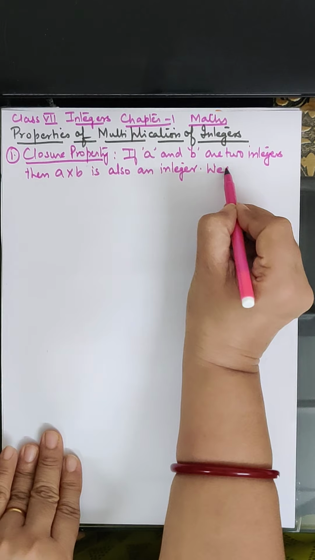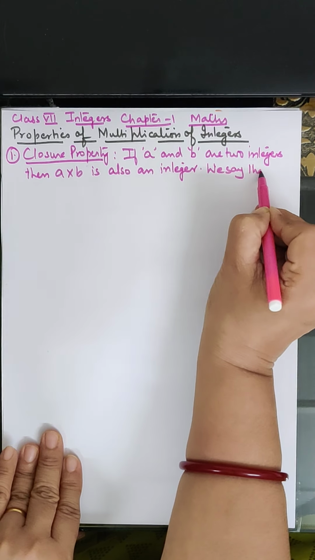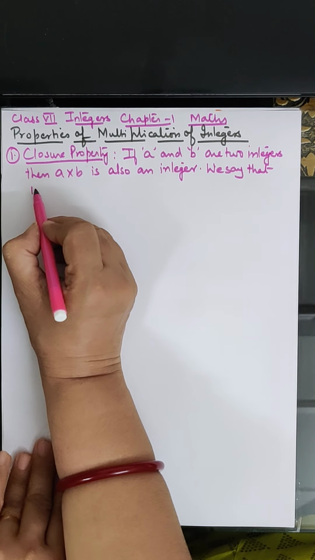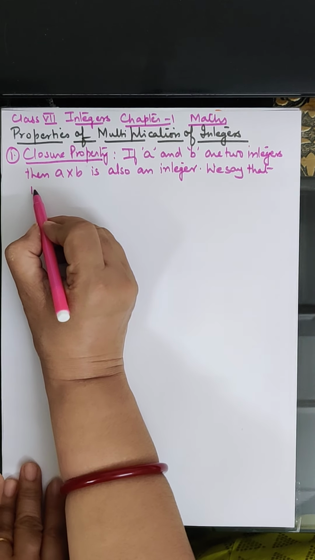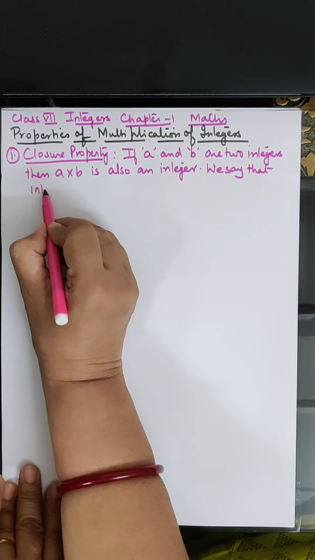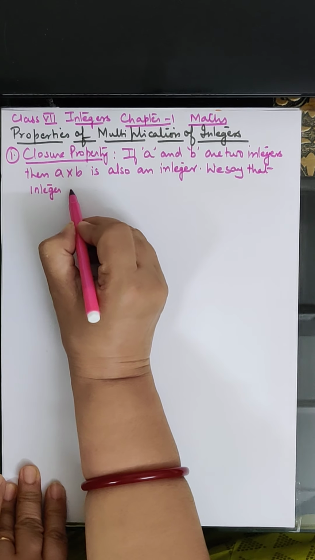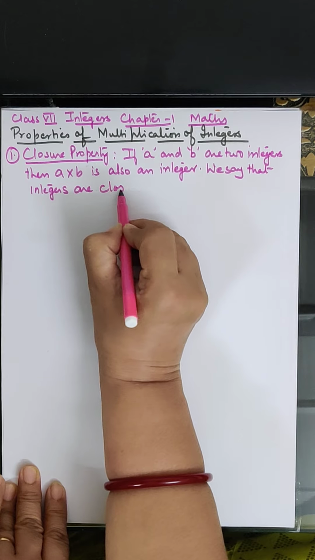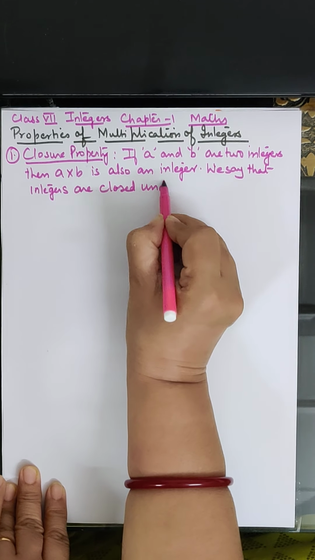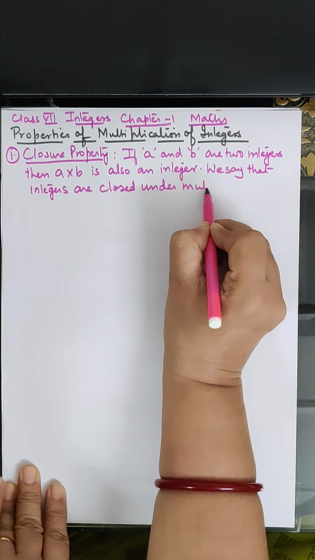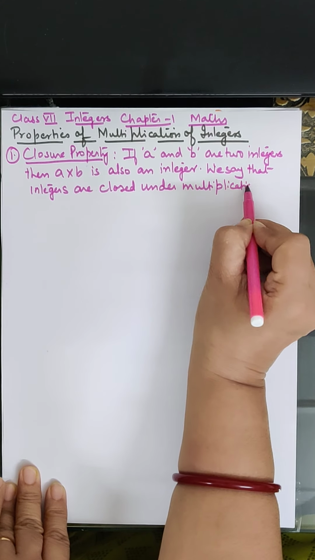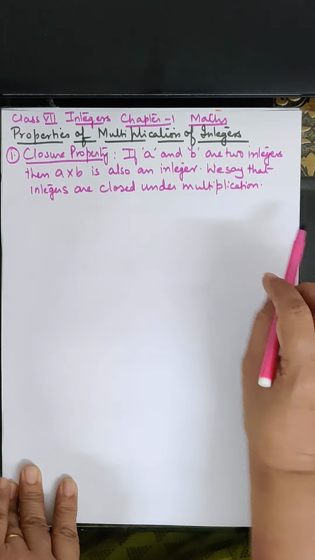We say that integers are closed under multiplication. Okay, let us take an example.